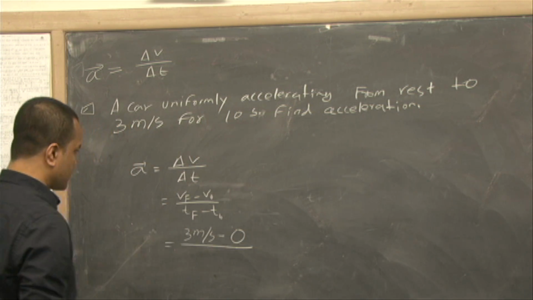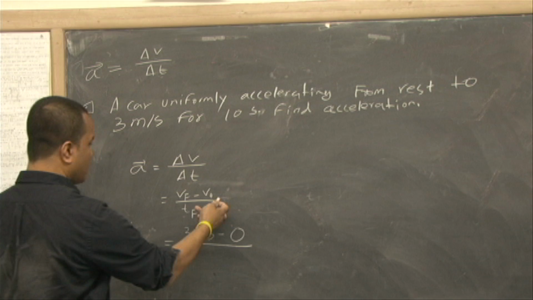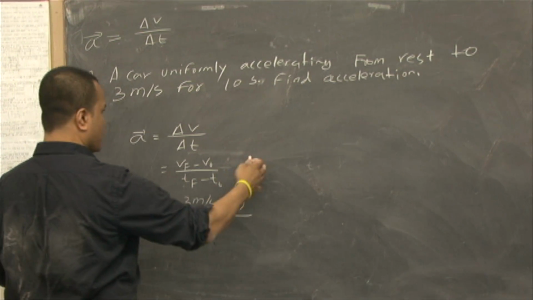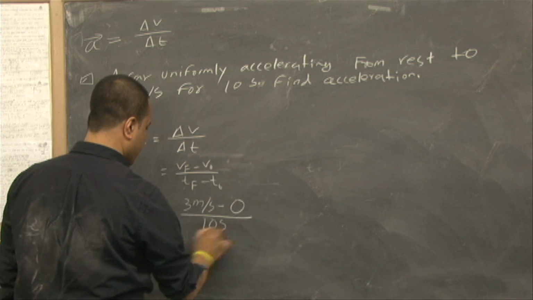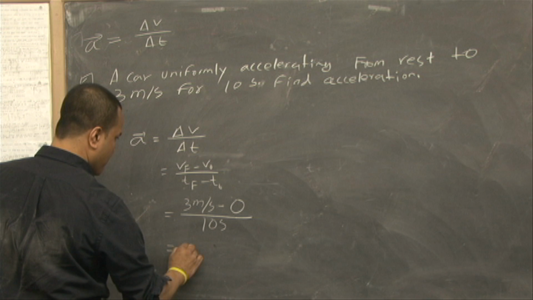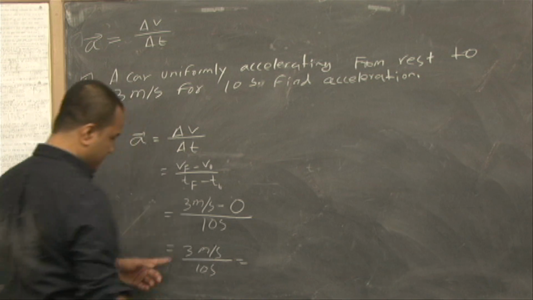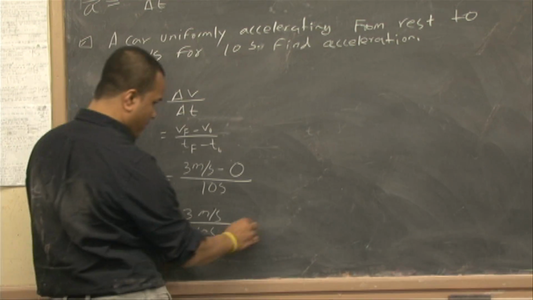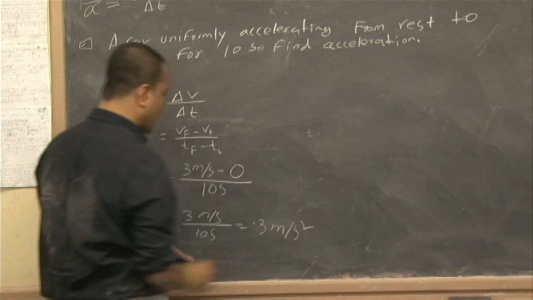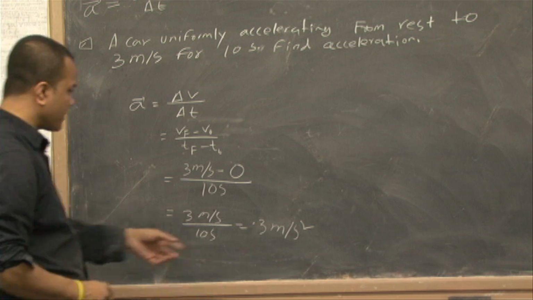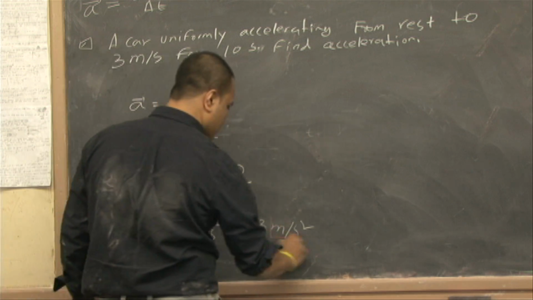T initial is 0, and t final, the entire journey took 10 seconds, so we're going to write 10 seconds. So now we have 3 meters per second over 10 seconds, which is 3 divided by 10, 0.3 meter per second squared. So the acceleration of the car was 0.3 meter per second squared. That's the unit of acceleration. We're going to keep that in mind.